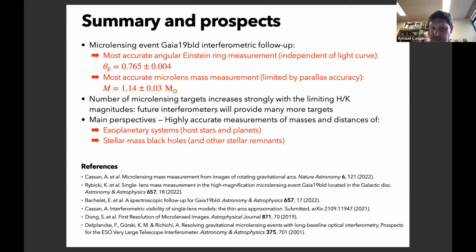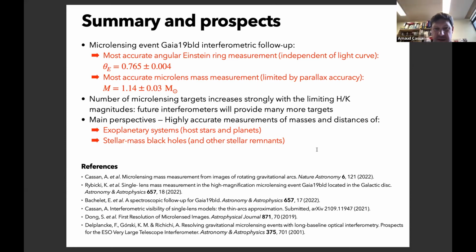So I was wondering, you mentioned that the last point that you were planning to do with Pioneer, the event was not bright enough. What would this point bring to the result if you were able to get it?